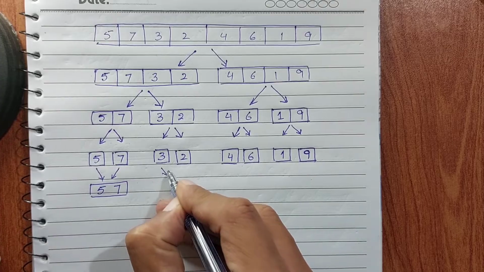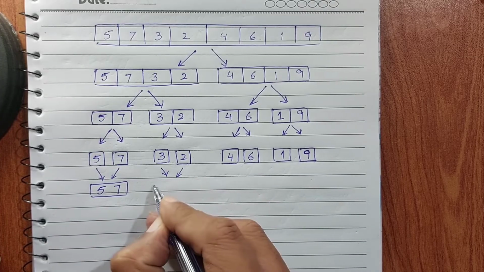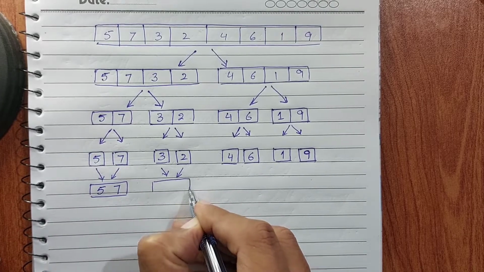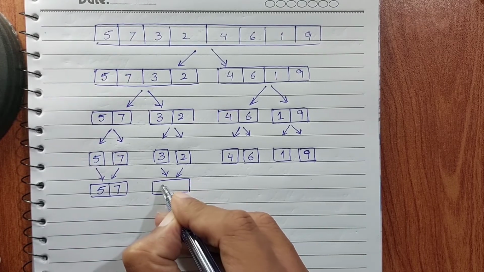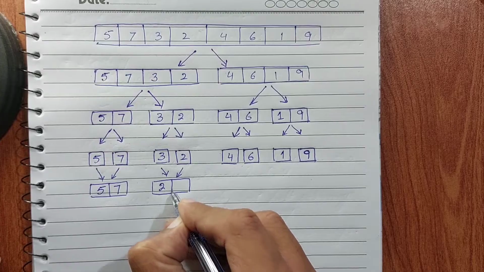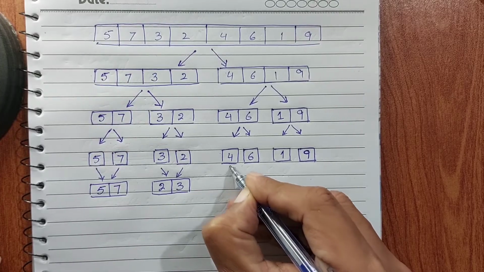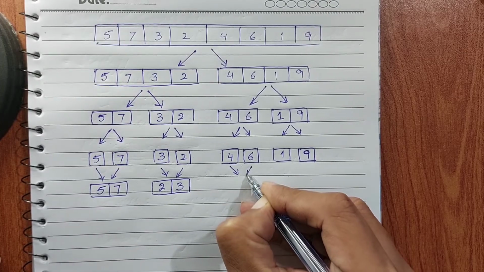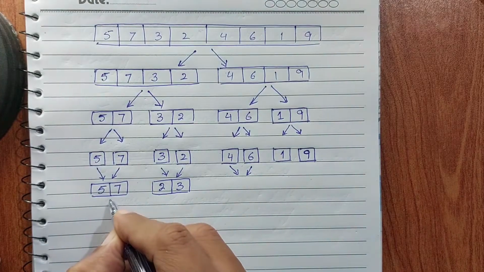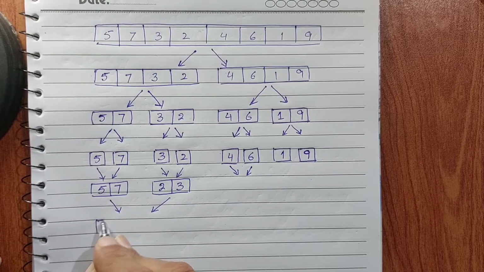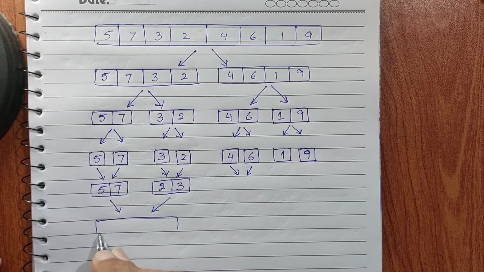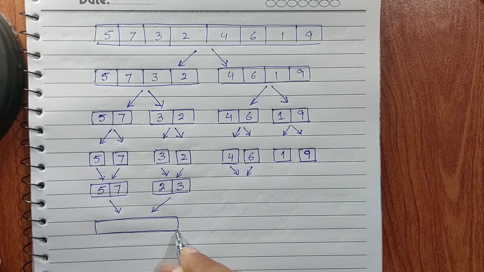If we combine these two, and that operation is called merge in merge sort, it will become 2 and 3. If I combine these two, it will merge the 4 elements.